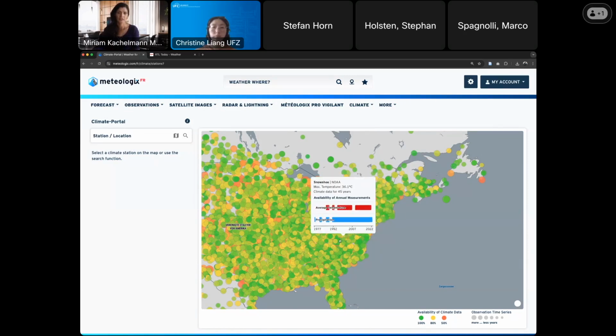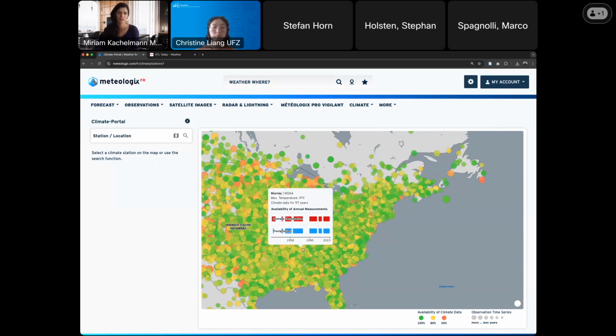And what you can see if you hover over these stations is the availability of certain parameters for that station over time. So you can see here, for example, for Huntington, there was a very straightforward precipitation measurement from the beginning up until now, whereas the temperature measurement has some holes in it.